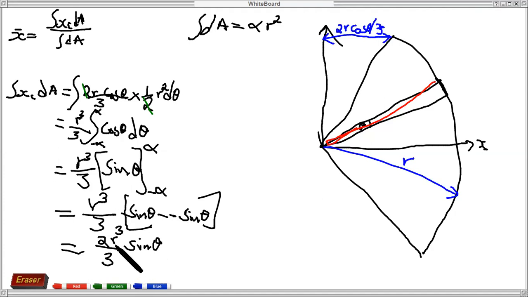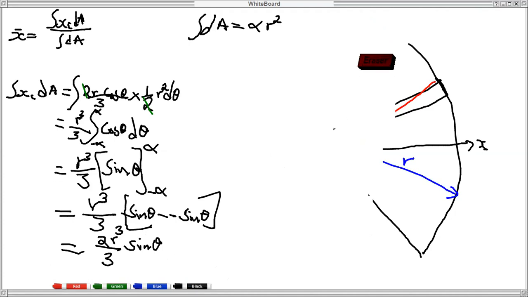So we can substitute both the numerator and the denominator back into this equation and solve. Let me do it on this side quickly. I'll just erase this.